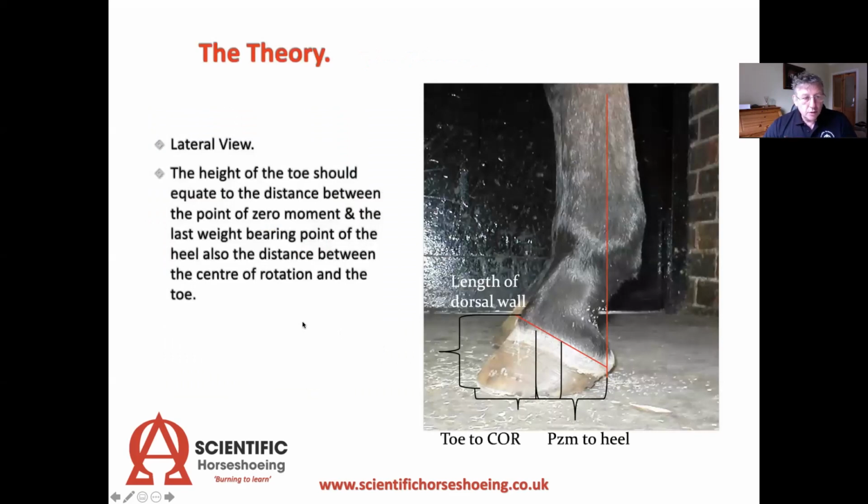The height of the toe should equate to the distance between the point of zero moment, point of pressure, and the last weight-bearing point of the heel, also the distance between the center of rotation and the toe.